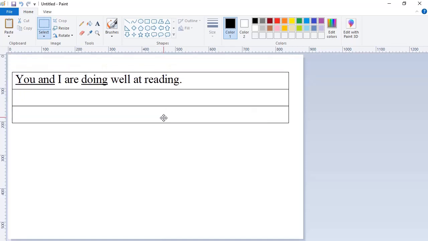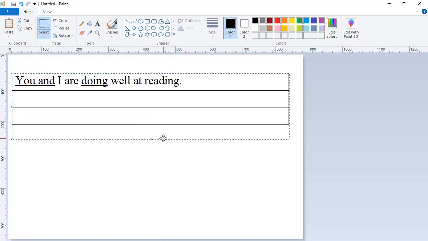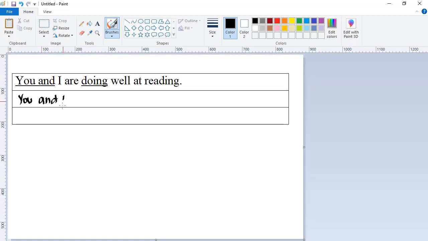Okay, so first, you and I are doing well at reading. Now, it says do not transcribe the words that are underlined. So, we're going to copy it as it is: you and I know. So I is represented by our big circle.